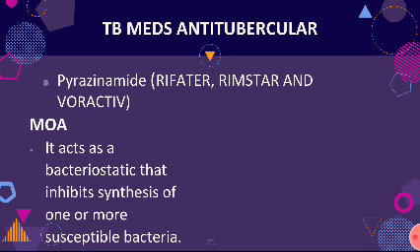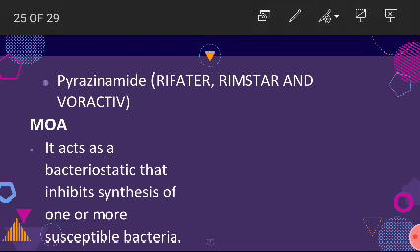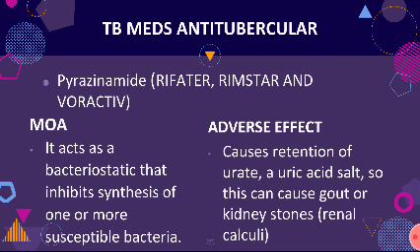Actually, the mechanism of action of pyrazinamide is unknown, but in vitro and in vivo, the drug is active only at a slightly acidic pH. The major adverse effect of pyrazinamide is that it causes retention of urate. Urate is a uric acid salt, so this can cause gout or kidney stones or renal calculi.